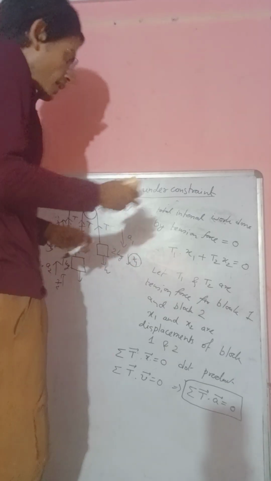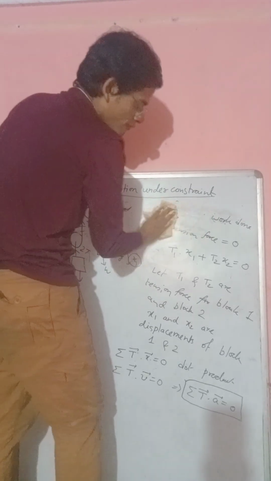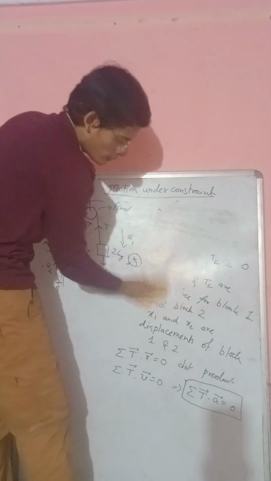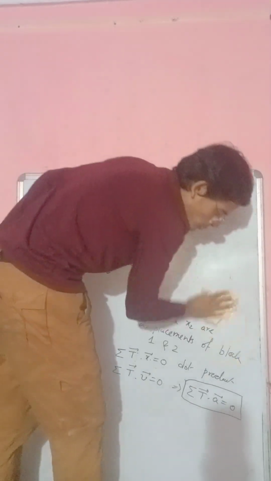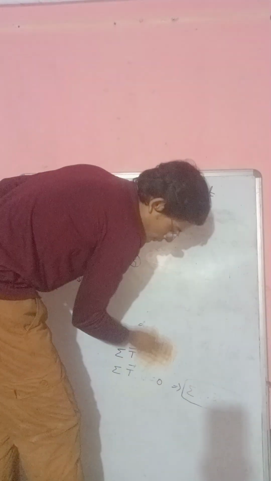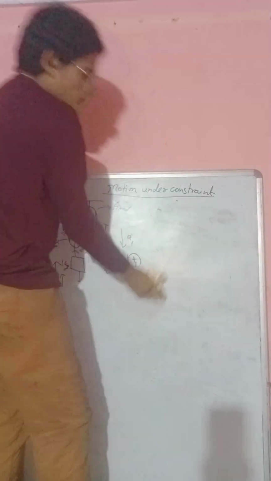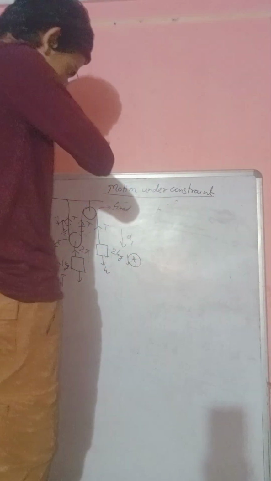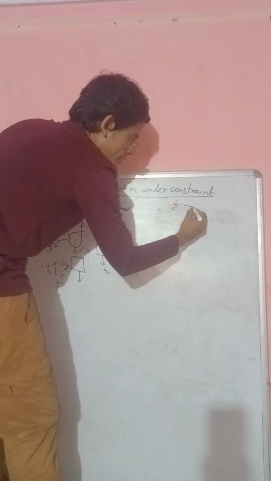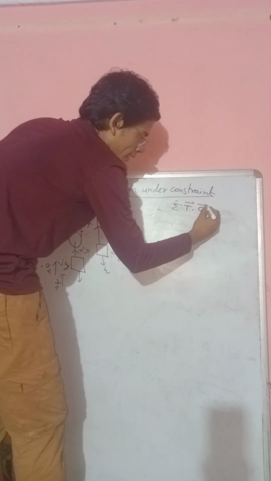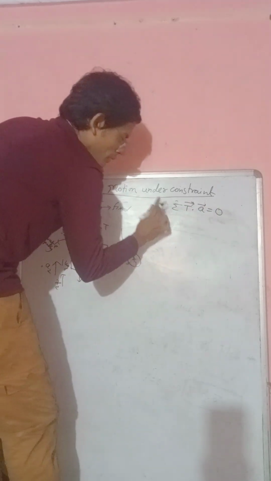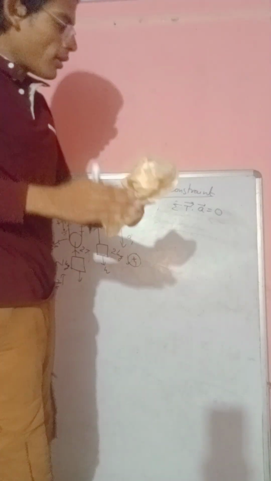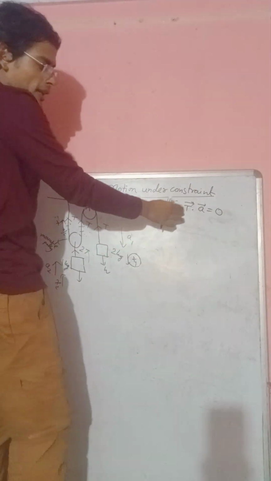Let's see how we can do it. The formula is sigma T dot a equal to 0. Now for each block we have to write the value of T dot a.